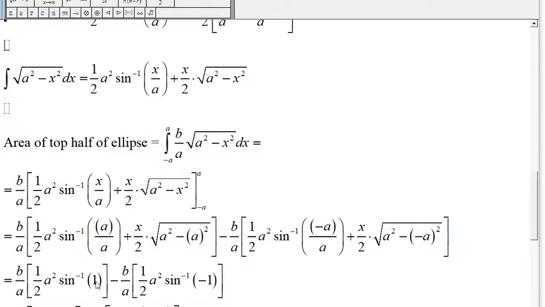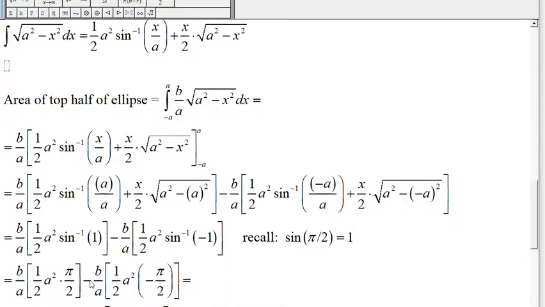And recall that sine of pi over 2 is equal to 1. And therefore sine inverse of 1 is equal to pi over 2.